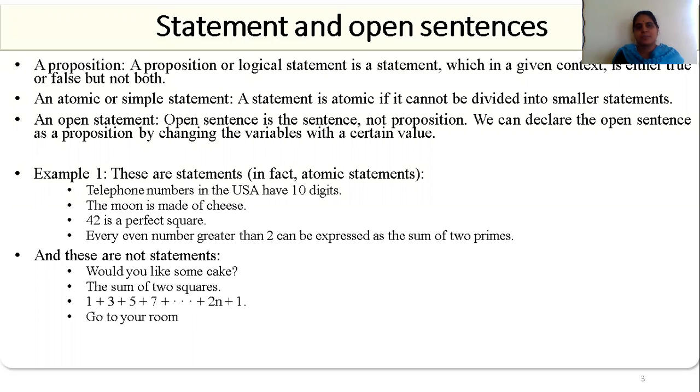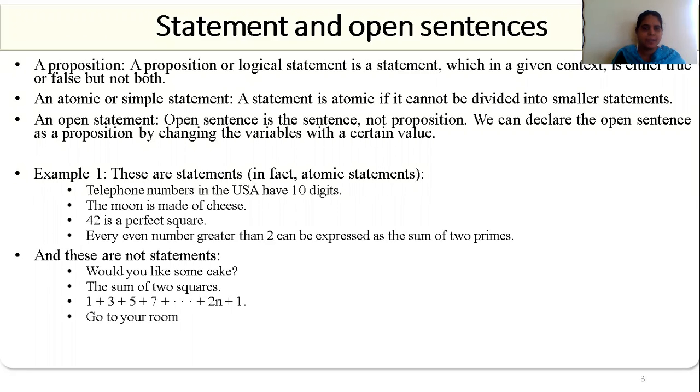An atomic or simple statement cannot be divided into smaller statements. Next is the open statement. An open statement or sentence is a sentence which is not a proposition, but we can declare the open statement as a proposition by changing the values of the variables with certain values.